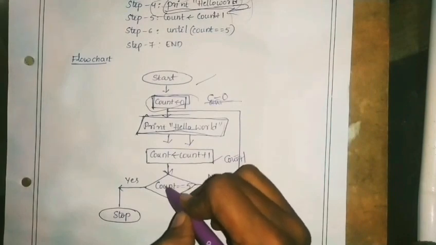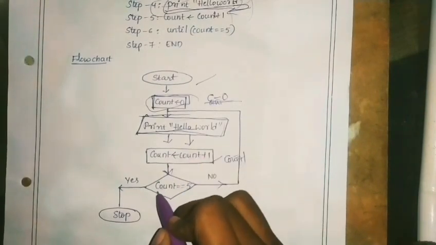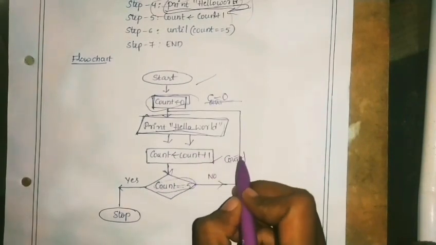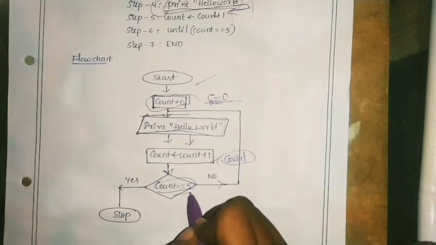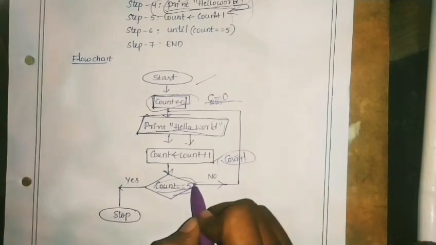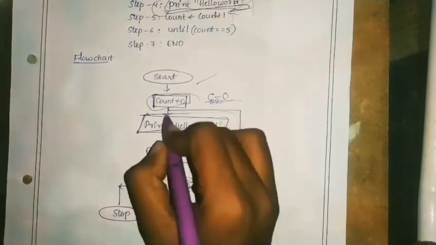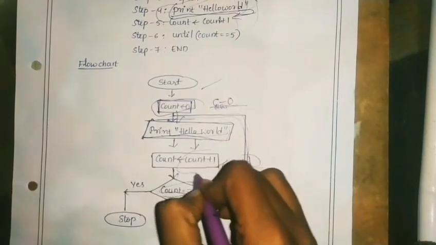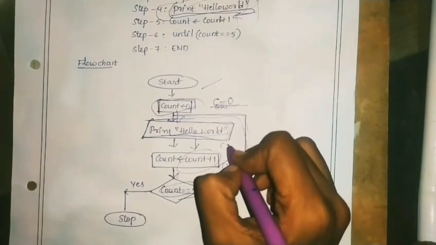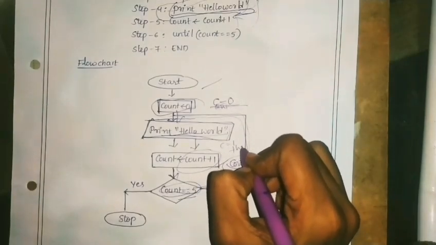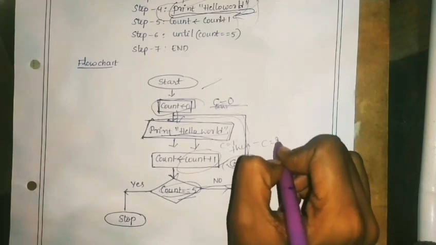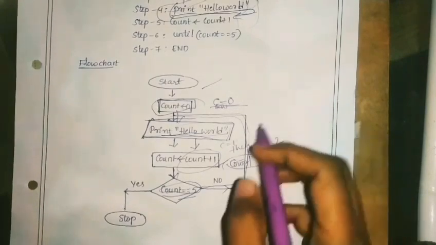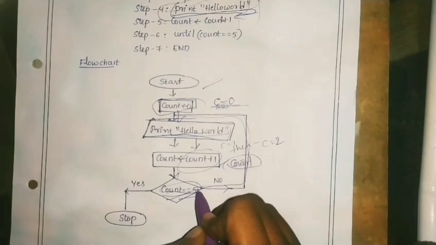Then it checks the condition: count equals 5? No, here the count equals only 1. So if not, it returns here and prints hello world again. Then we increment the count. Count equals 1, then we increment by 1, so c equals 2. Count equals 2, and again we check the condition.